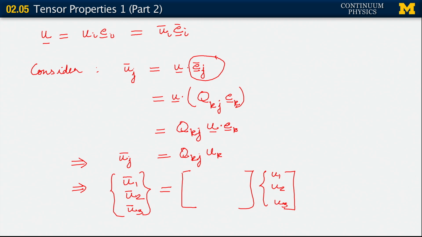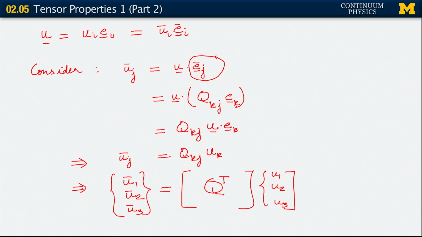What that expression tells us is that the matrix that goes in here are simply the components of Q transpose. Why transpose and not Q itself? Think about it.